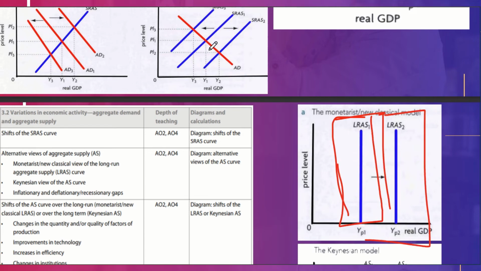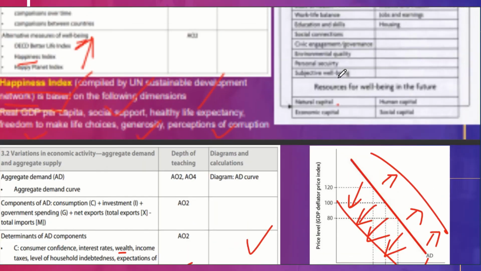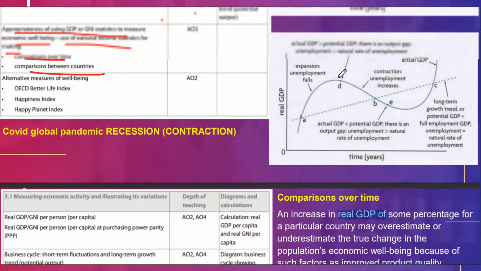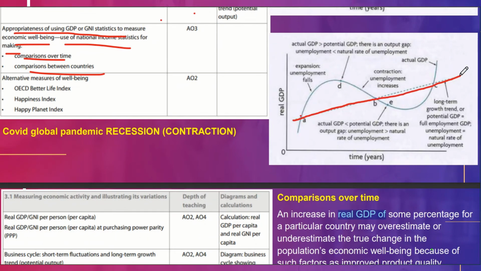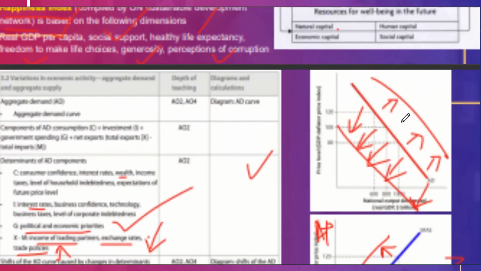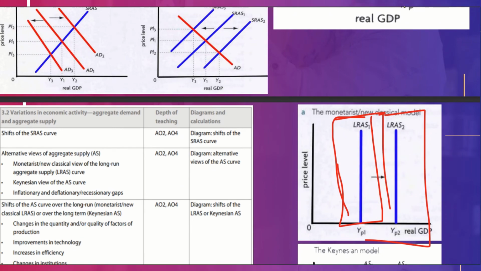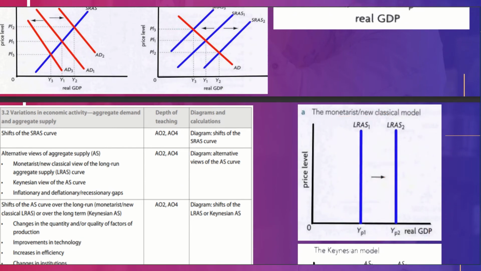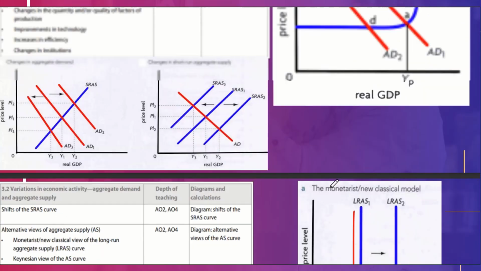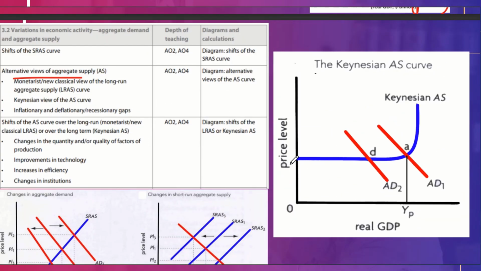Earlier we have seen that the long run aggregate supply curve is a good fit line, so that's the reason classical economists think the long run aggregate supply curve is a vertical, straight line. But the Keynesian approach is different, and Keynesians believe the long run aggregate supply curve is like this one.